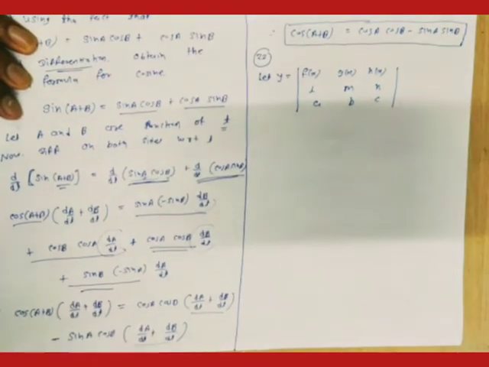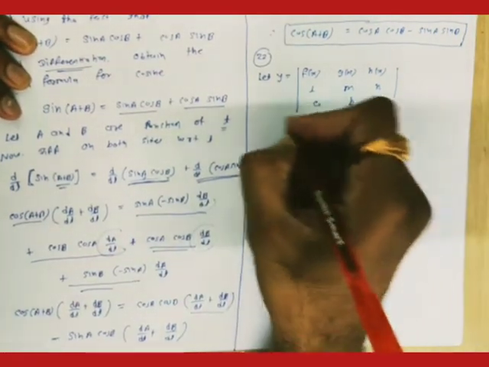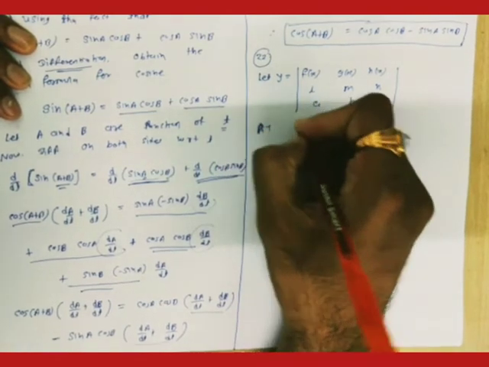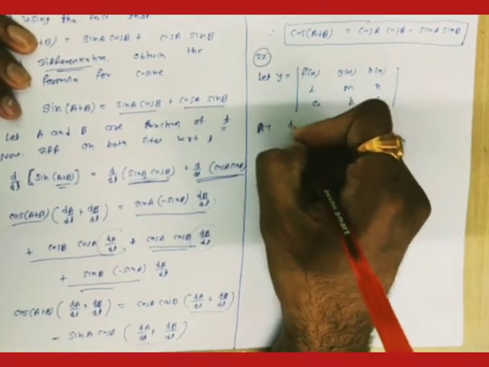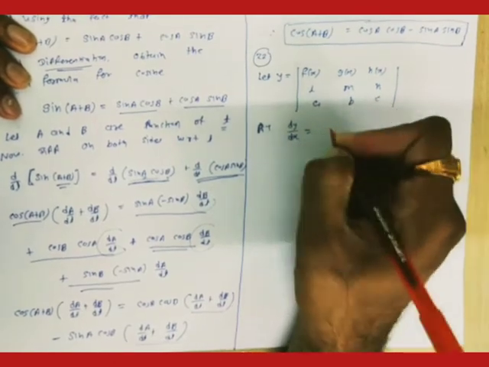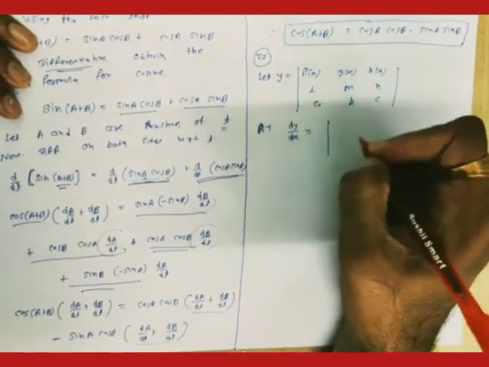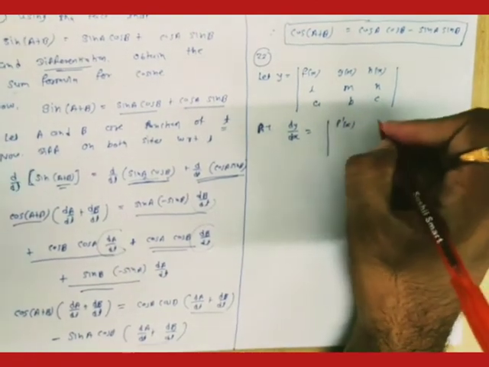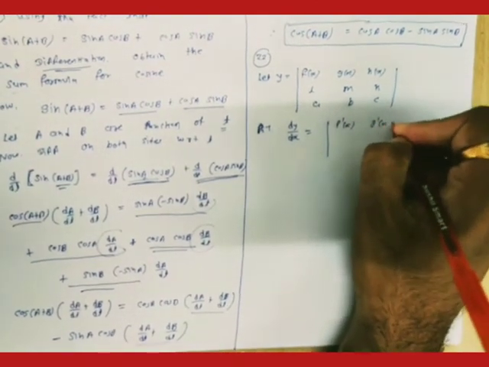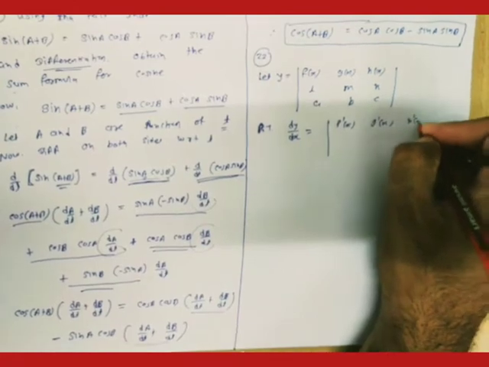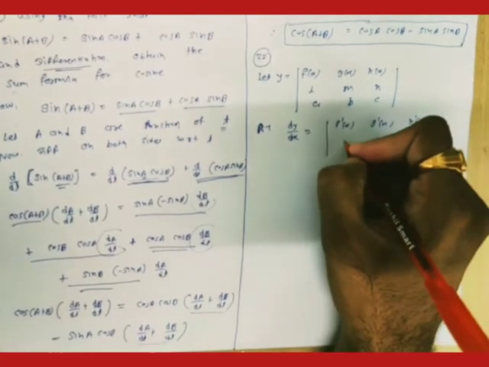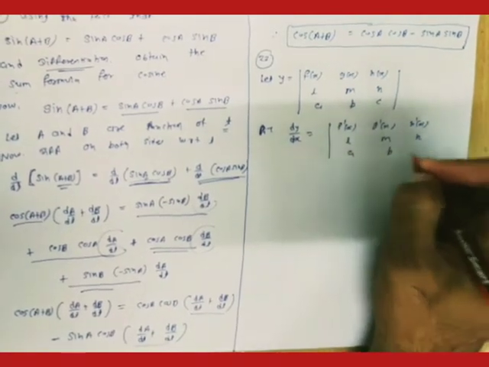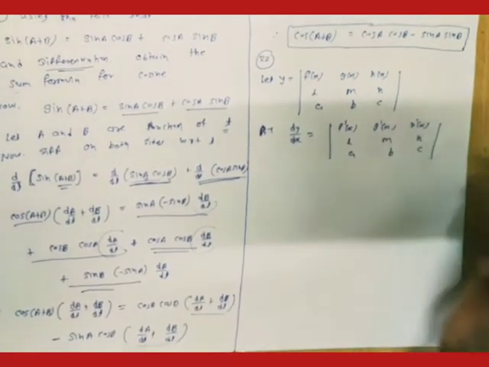Your question is to prove that the differentiation of this y, that means dy by dx, is the determinant f dash x, g dash x, h dash x, l, m, n, a, b, and c. This you have to prove.